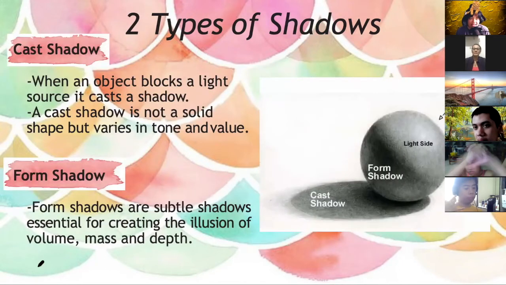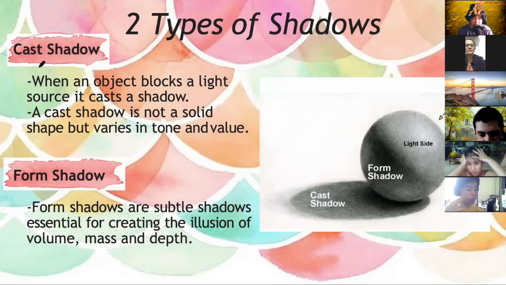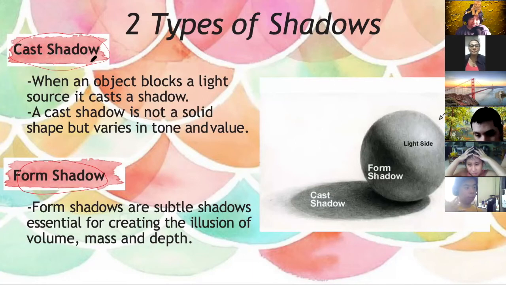So, for shadows, we have two types: the cast shadow and the form shadow. What's the difference? The cast shadow is when an object blocks a light source, it casts a shadow. A shadow is not a solid shape, but it varies in tone and value.